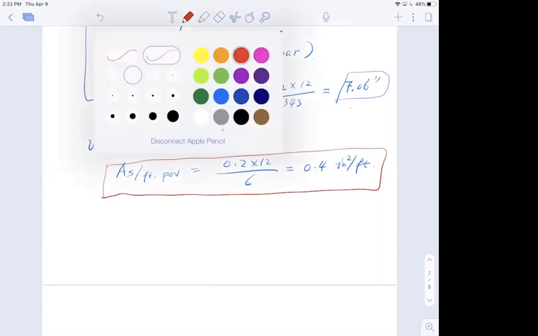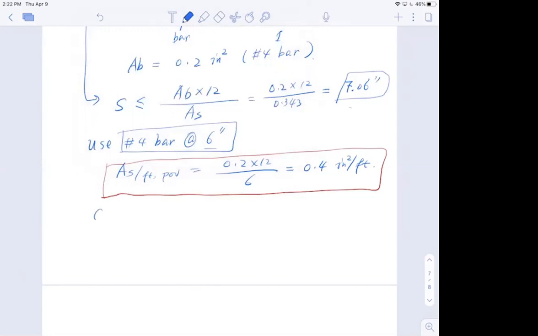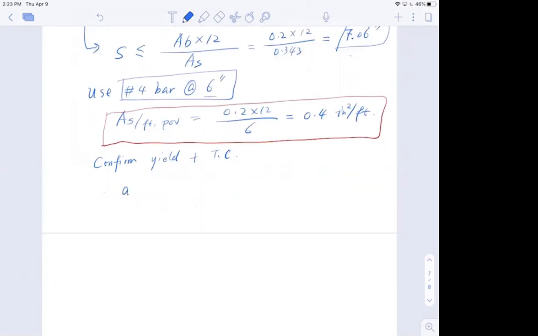But again, don't forget, by our flexural design, we need to confirm yield and also tension controlled. Those are the assumptions we made at the beginning, right? So a, the compressive zone size, equals As Fy divided by 0.85 f'c b.